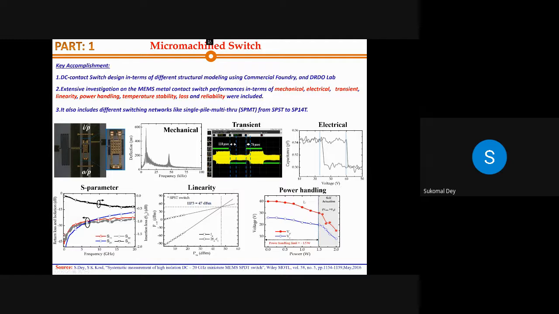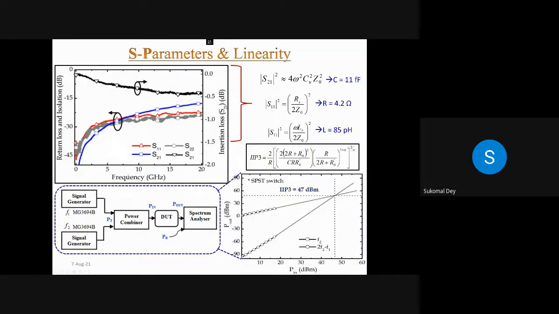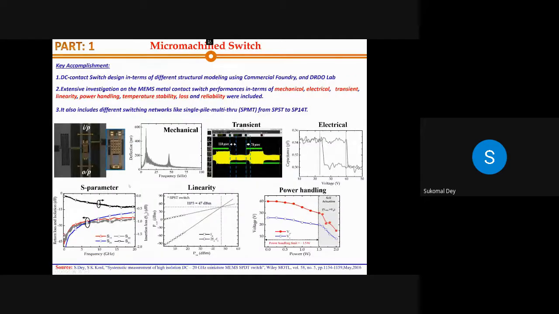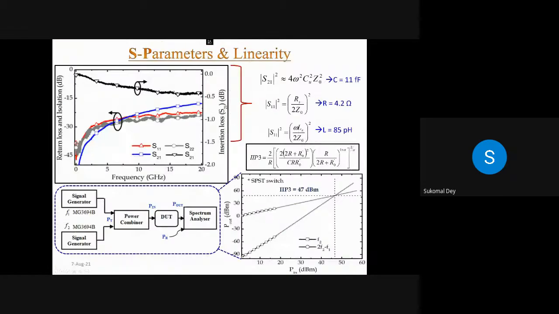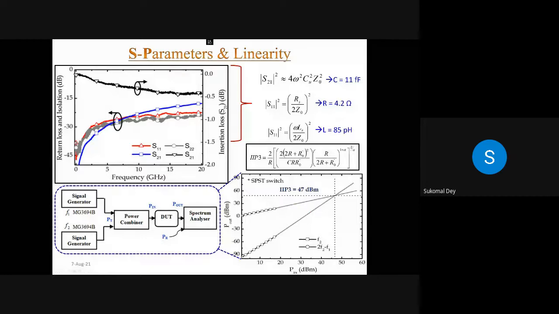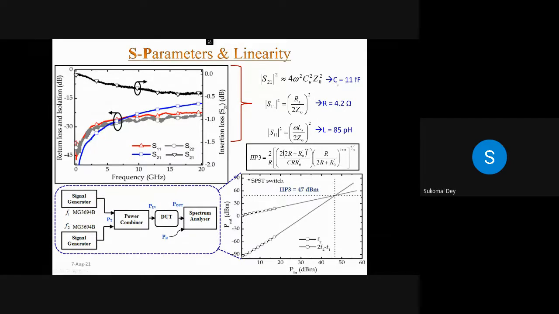So followed by, if you look at the S parameter things that we had discussed once again, and concentrate on the loss over here, whenever you measure the switch, you have dedicated equations. Those are very popular equations, and with the help of these equations, you can see what your R, L and C values are.